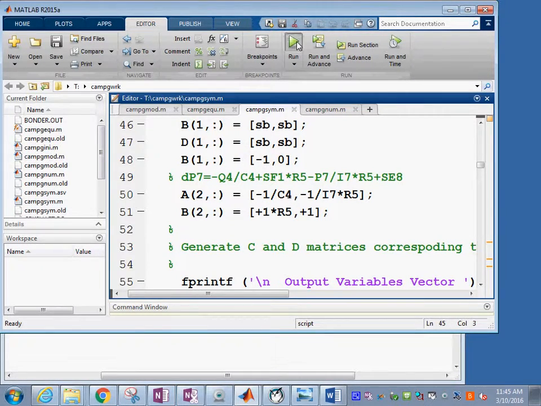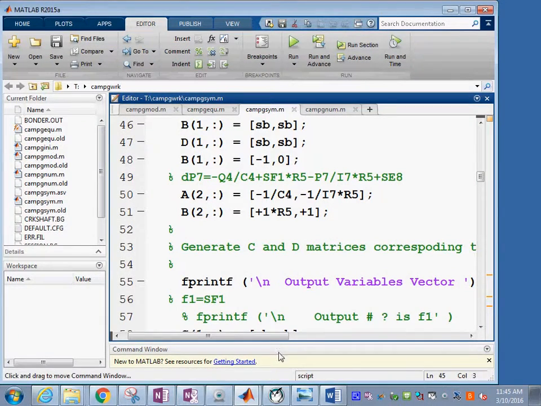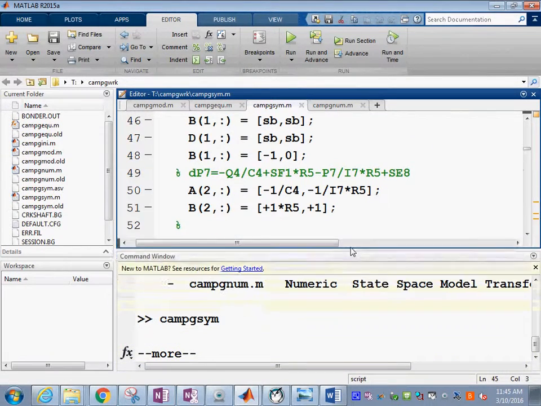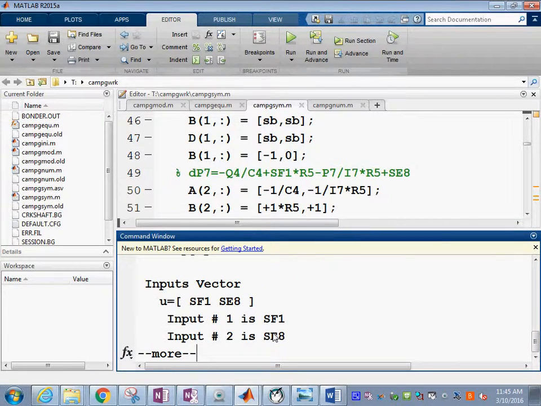Do you see there's the A matrix? Let's make it small so we can compare it right there. See it right there, the A matrix? 0 and minus 1 over I7, and then minus 1. Do you see what I mean?